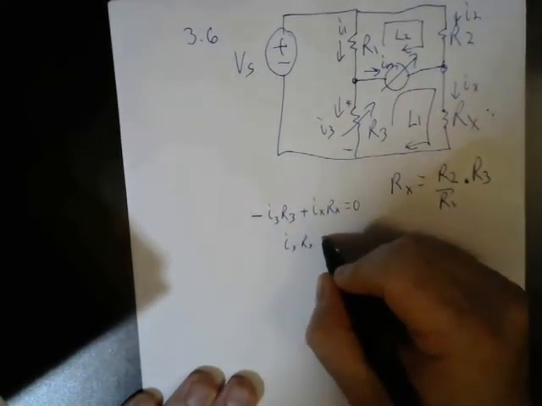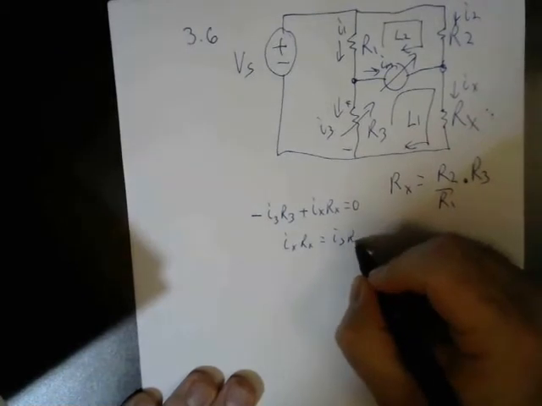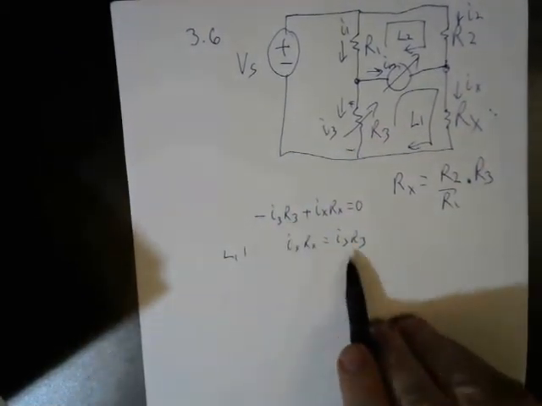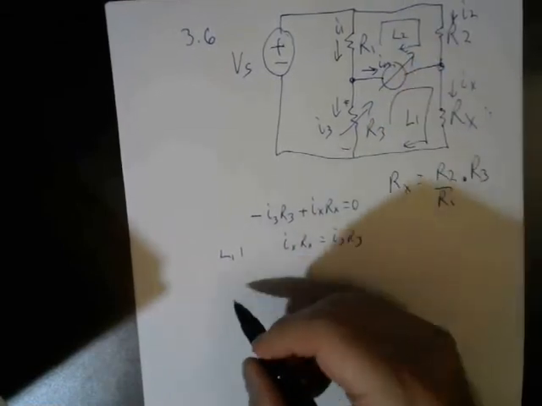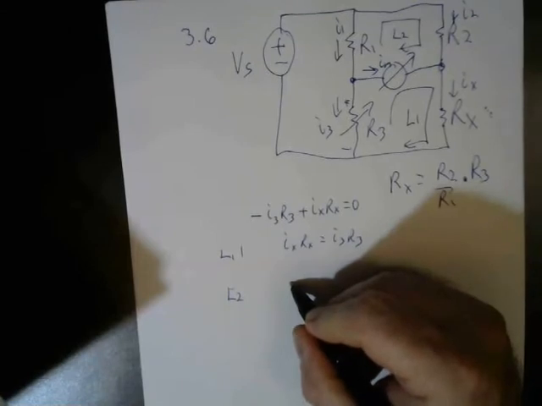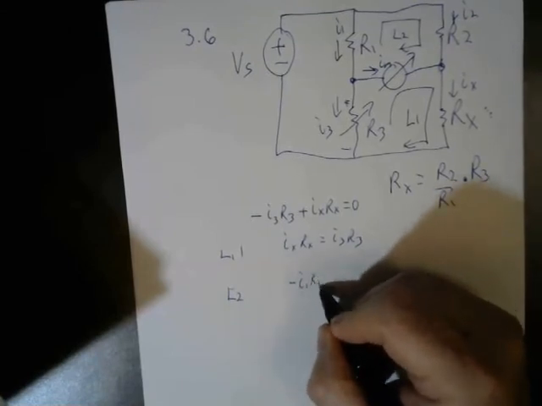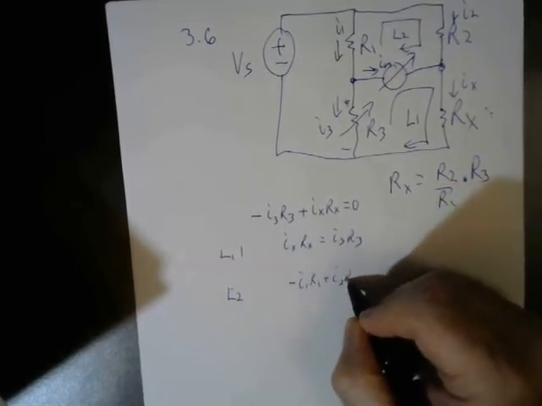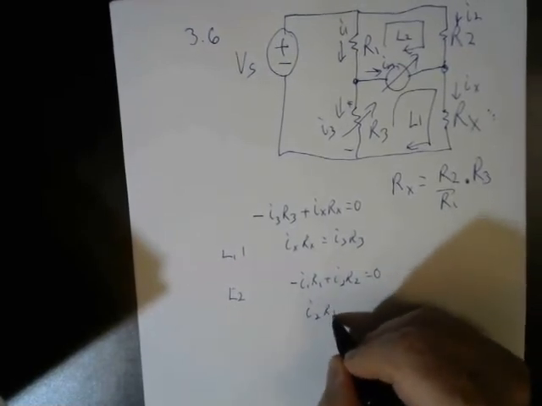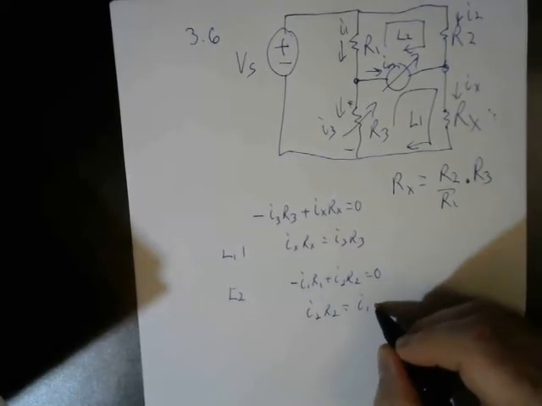IX Rx equals I3 R3. That's loop 1. Now I'm going to do loop 2. Negative I1 R1 plus I2 R2 equals 0. So I2 R2 equals I1 R1.